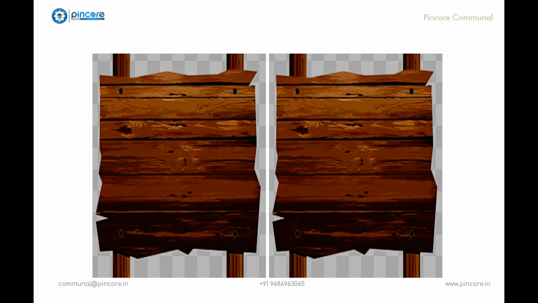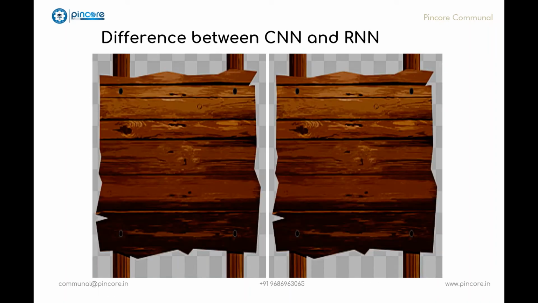Now let's look at the difference between CNN and RNN. The main difference between these two depends on the ability to process temporal information or data that comes in sequence. Moreover, CNN and RNN are used for completely different purposes.